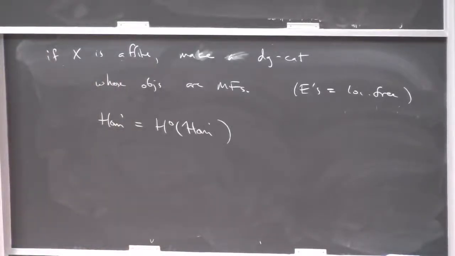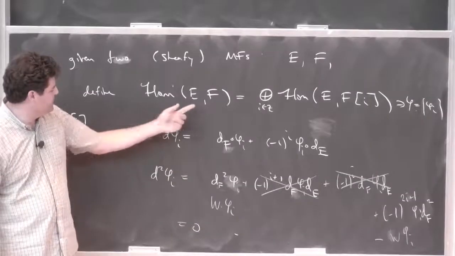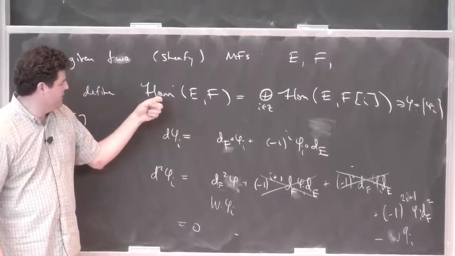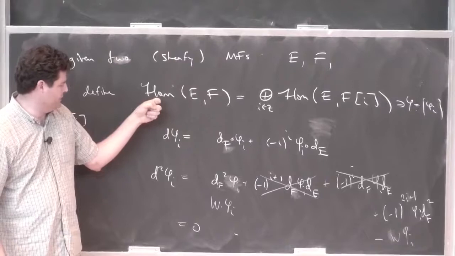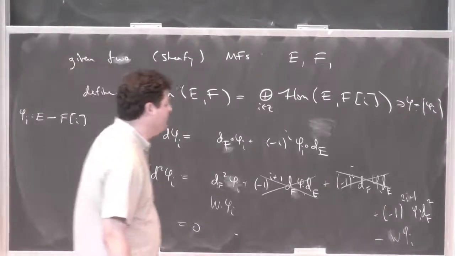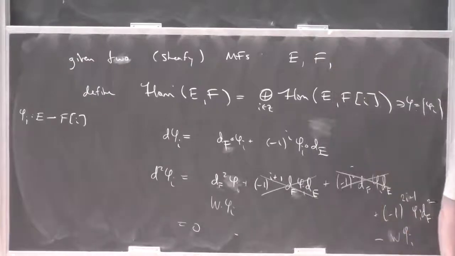And this will actually be the right thing for two reasons. First of all, because these were both locally free, the curly Hom does not have to be derived. And because X is affine, H0 doesn't have to be derived.